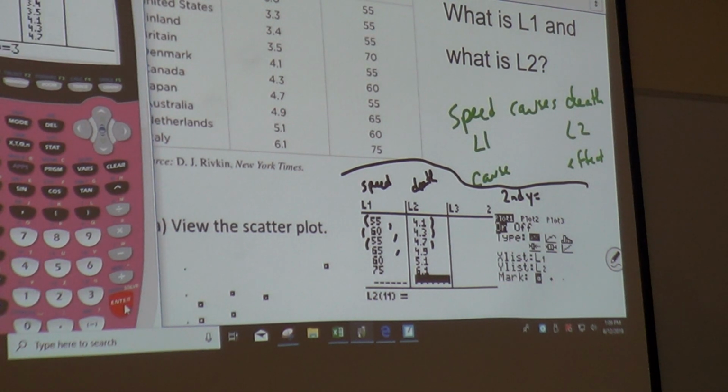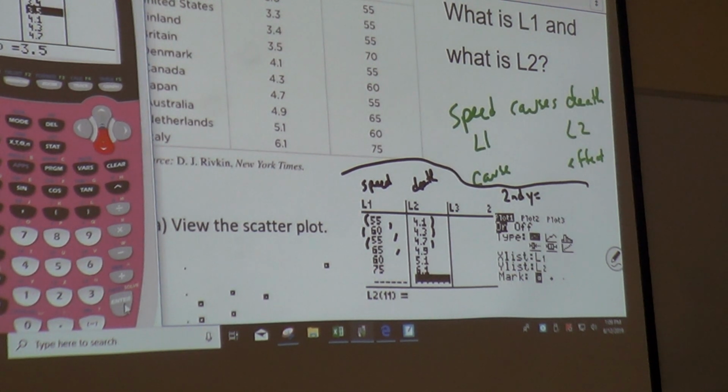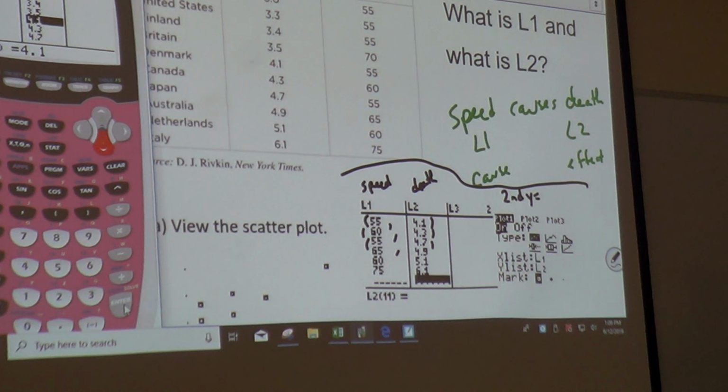Stat edit: 55.3, 55.3, 55.4, 73.5, 55.4.1, 64.3, 55.4.7, 65.4.9, 65.1, 75.6.1.